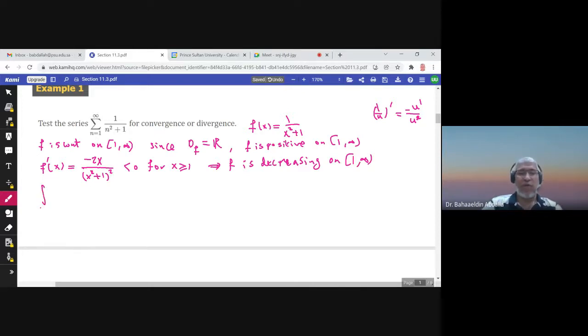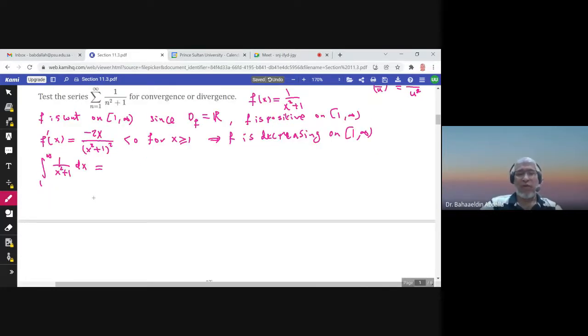So now we consider the improper integral of this function from 1 to infinity. By definition, if you need more review or more information about improper integrals, check chapter 7, section 7.8. So we write it as the limit as t goes to infinity of the integral from 1 to t of 1 over x squared plus 1 dx.